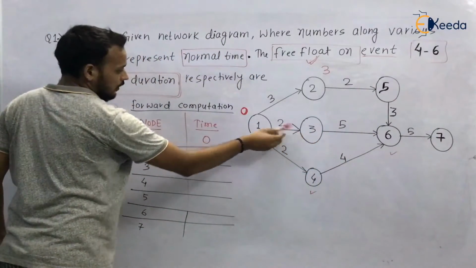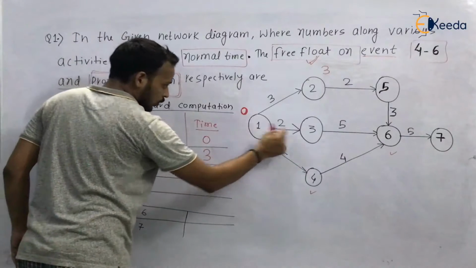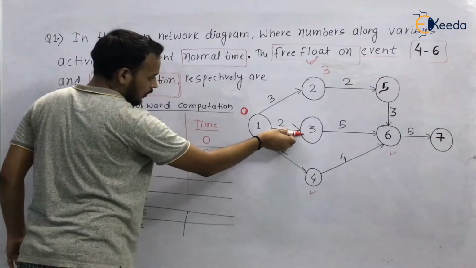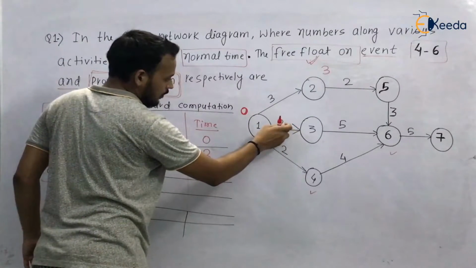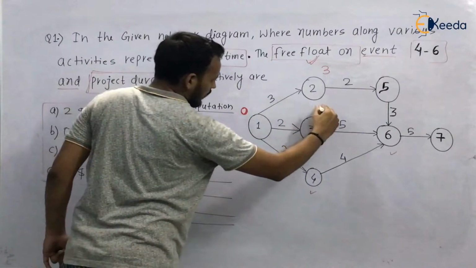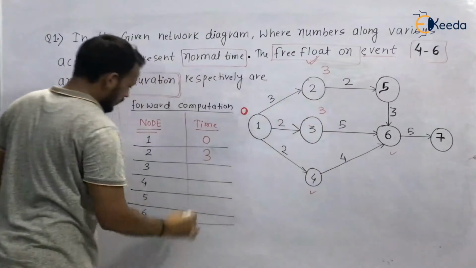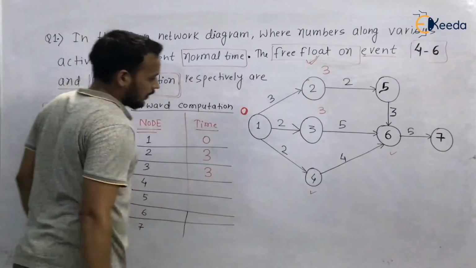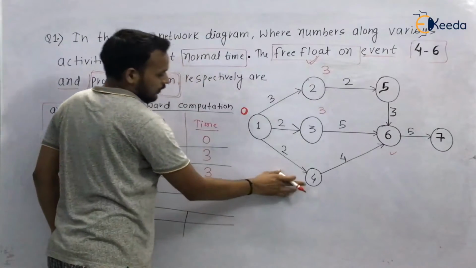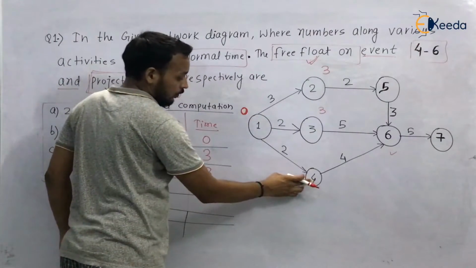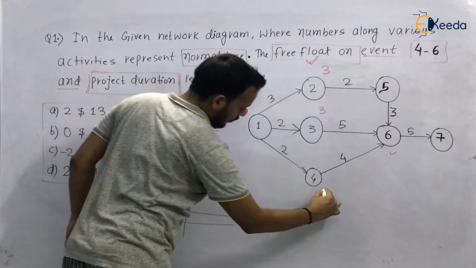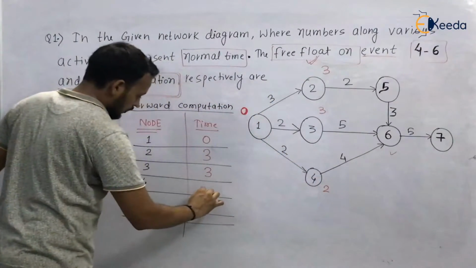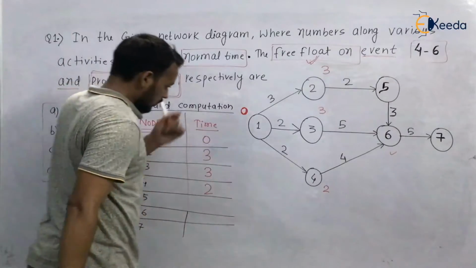We can reach 3 directly from node 1 via this activity. Here it is 0, and the time taken to complete this activity is 2. So 0 plus 2, the time will be 2. Now we will go to event 4. With the help of this activity, 0 plus 2, the time will be 2.